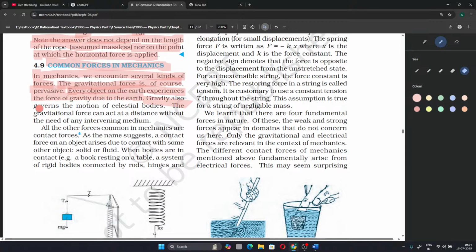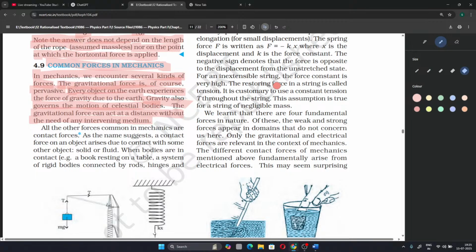Gravity also governs the motion of celestial bodies. Celestial bodies are the planets, the galaxies, the stars, many kinds of massive objects that roam around in space, and they are basically called celestial bodies. The gravitational force can act at a distance without the need of any intervening medium.